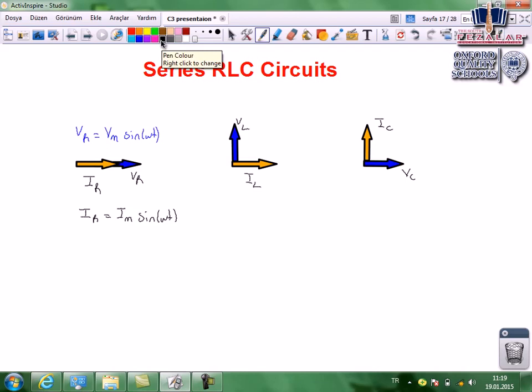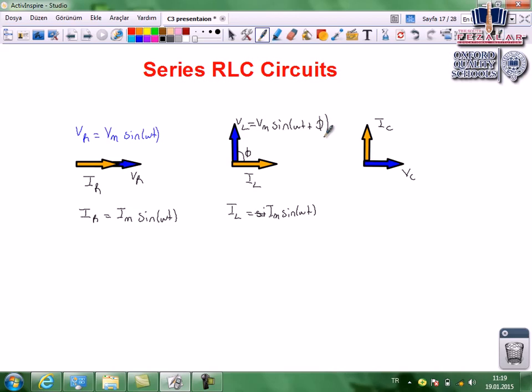When we calculate instantaneous current and voltage in this part, as you remember, IL is I maximum sine omega t, and voltage can be calculated by VL is Vm sine, as you see, voltage leads current by 90 degrees, sine omega t plus phi.